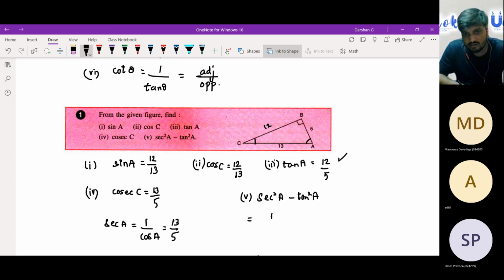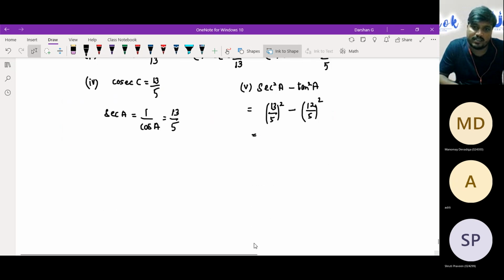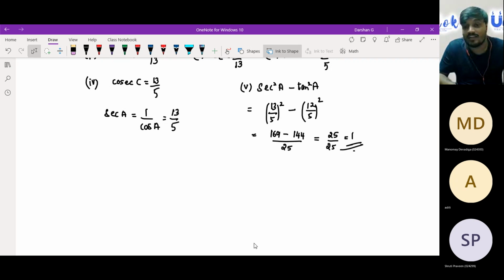So secant square A minus tan square A is 13 by 5 the whole square minus 12 by 5 the whole square. 13 square is 169, 12 square is 144, divided by 25. So this is 25 by 25. The answer is 1.